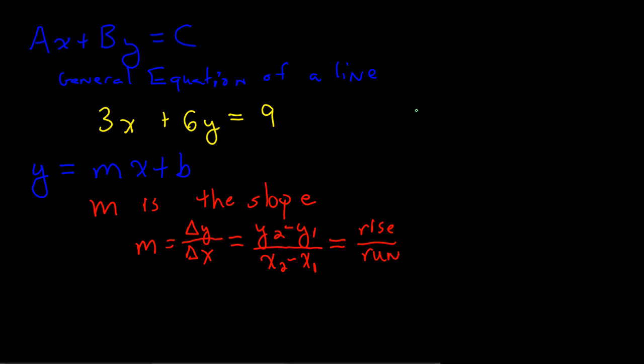Now, the yellow equation we did here, we can convert into our slope-intercept form. Oh, I have to actually say what the intercept is. Sorry. Let me do that first, and then we'll do the conversion. And b is the y-intercept.